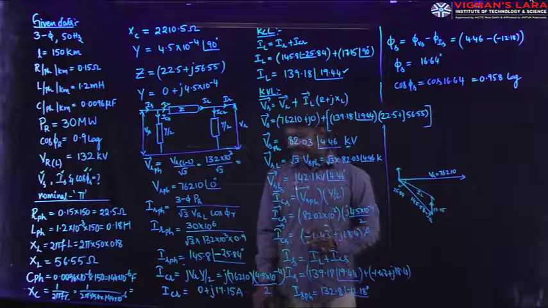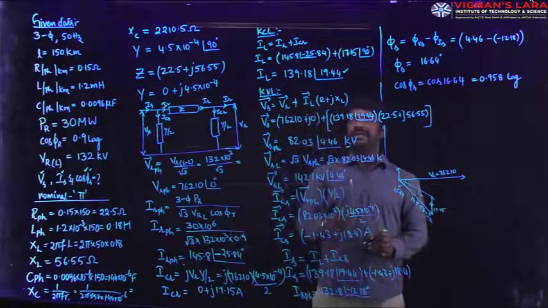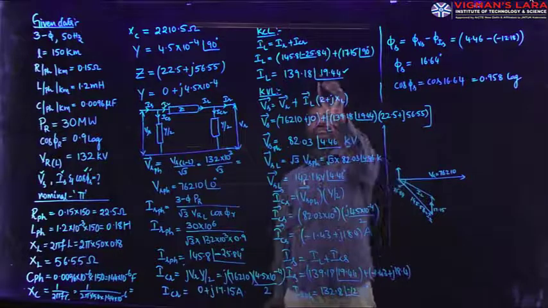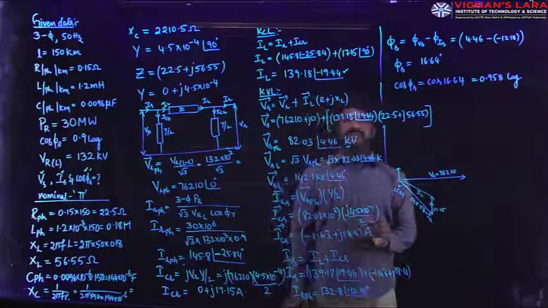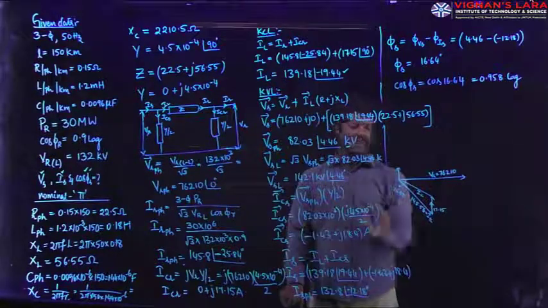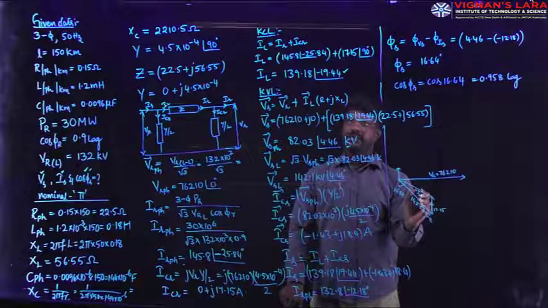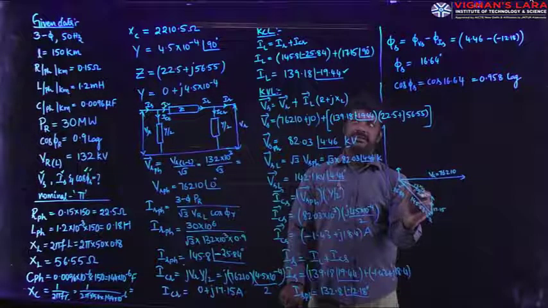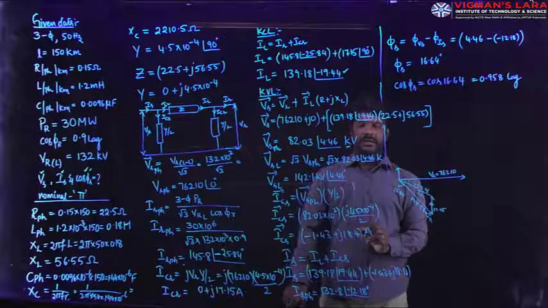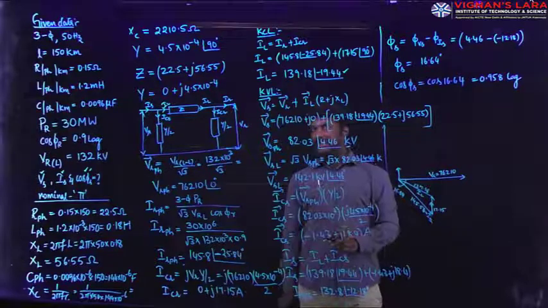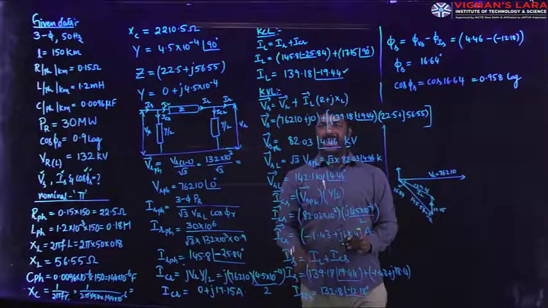This is IL, whose value is 139.18. Still it should be a lagging quantity, so minus. Okay, so this is also minus. How much value is it? 139.18. Then we have to apply the KVL as per our mathematical calculations.